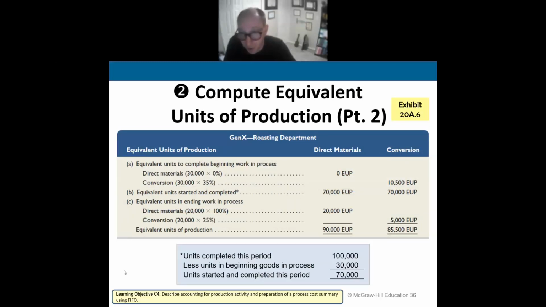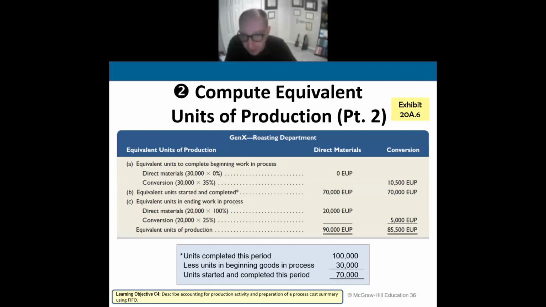Second step, of course, is to compute the equivalent units of production. Now, here's where it's different. For direct materials, it's zero. The reason it's zero is because we have the units for the beginning work in process, and we have higher conversion rates.